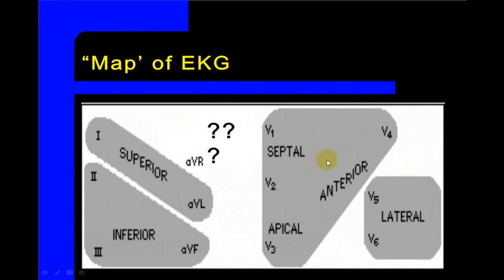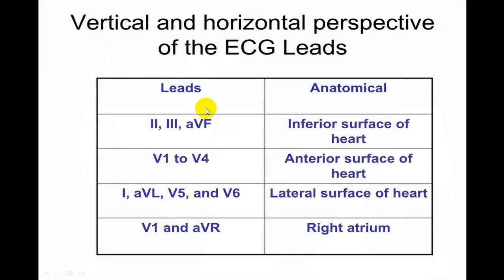AVR is not included in any of the localizations of infarct area, but still it can give you some idea. You can see here, when you look at V1 and AVR together, you can identify right atrium disorders. So try to look at that.